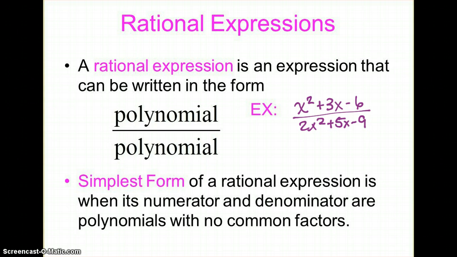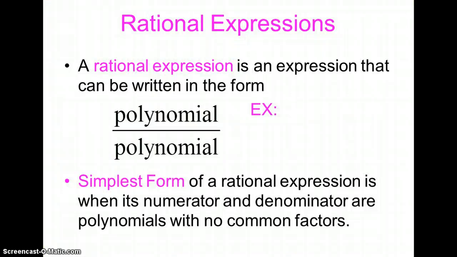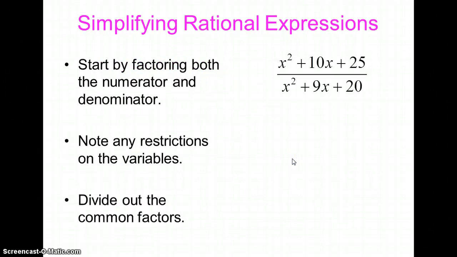And a rational expression is in simplest form when the numerator and denominator do not have any common factors remaining. So we want to take out all those common factors and put it into simplest form. To do that, one of the skills we have to remember is our factoring. In order to do any canceling or reducing, we can only cancel things that are factors.